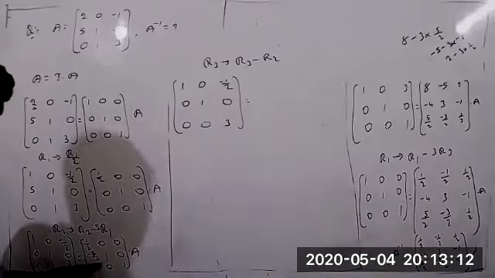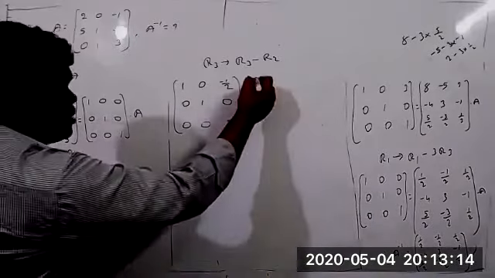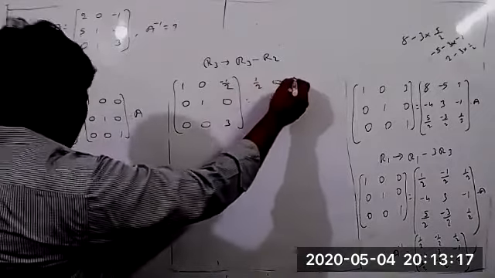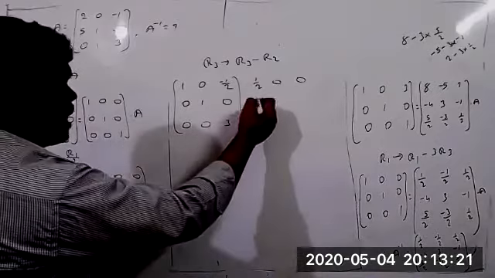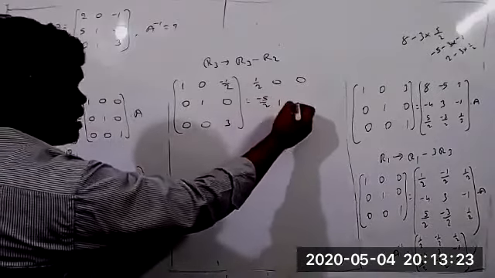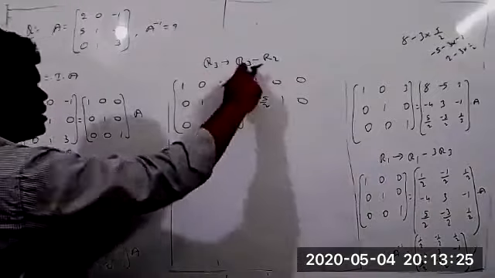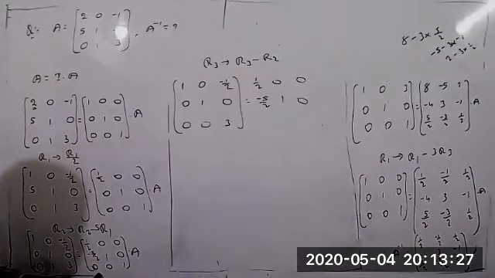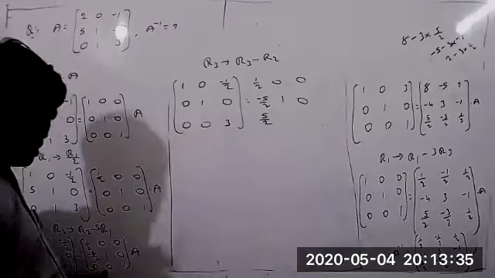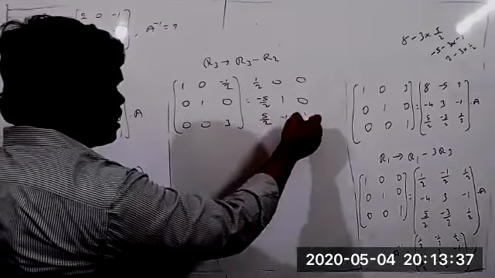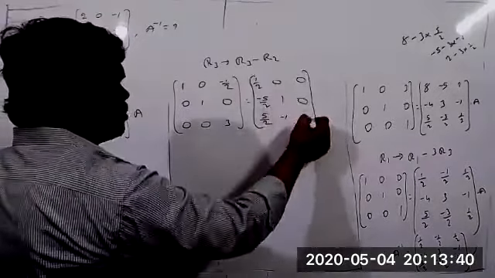So you can change these values now: 1 by 2 0 0, next minus 5 by 2 1 0. We are changing R3. So R3 minus R2 means 0 minus of minus 5 by 2, minus into minus gives plus, so we get 5 by 2, then minus 1 and 1, into A.